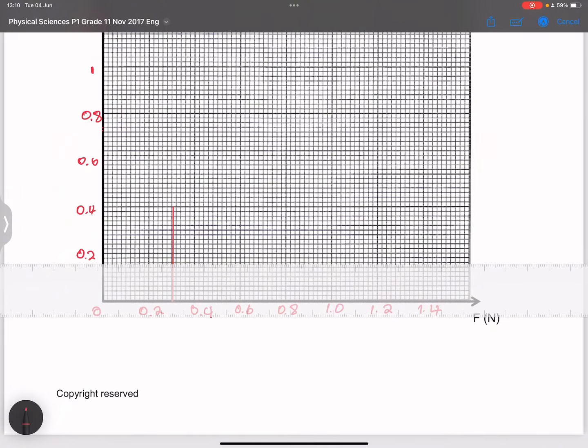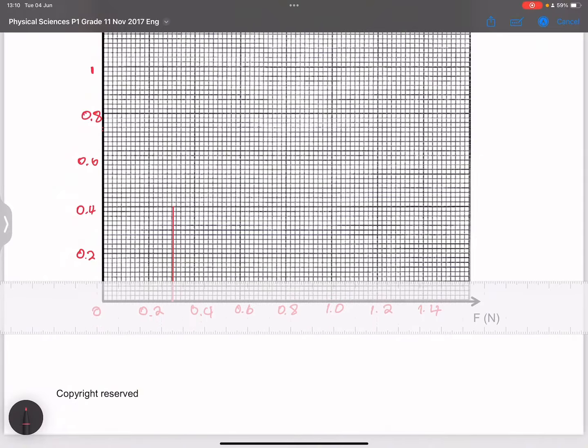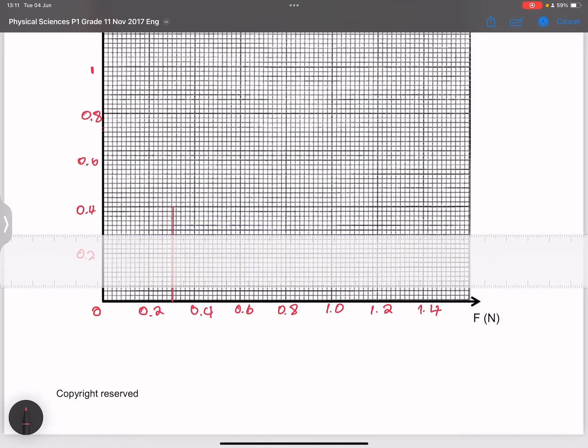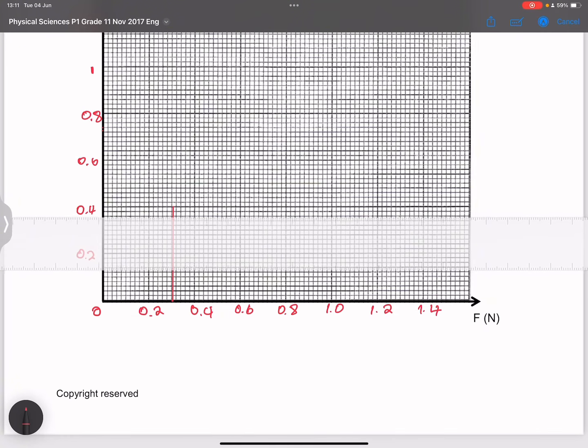Okay, I seem to have something that looks a little bit amiss there. So that's 0.2, that's 2, 4, 6, 8, 10. So that's 0.3, 0.32, 0.34, and 0.36. So that should be that value here. All right. So there it is over there.